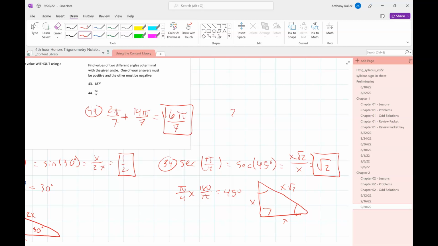That's one answer. And I notice that 2/7 of pi is less than 2 pi, so if I subtract 2 pi from that, I'll also get a negative result. So there's my 2 angles, one positive, one negative.